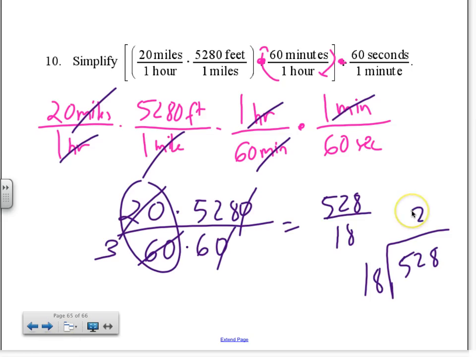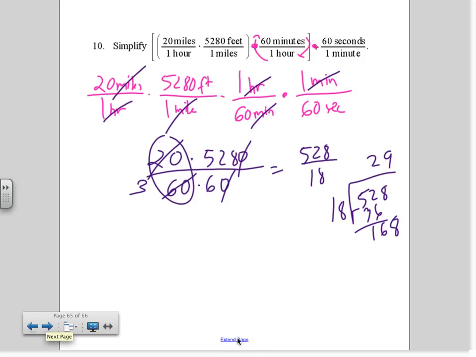By 2? Okay, so that's 16 and 3. Subtracted, 12 minus 6 is 6. Bring down the 8. 18 goes into 168. Is it 9 times? Okay, let's do that. 9 times 8 is 162.